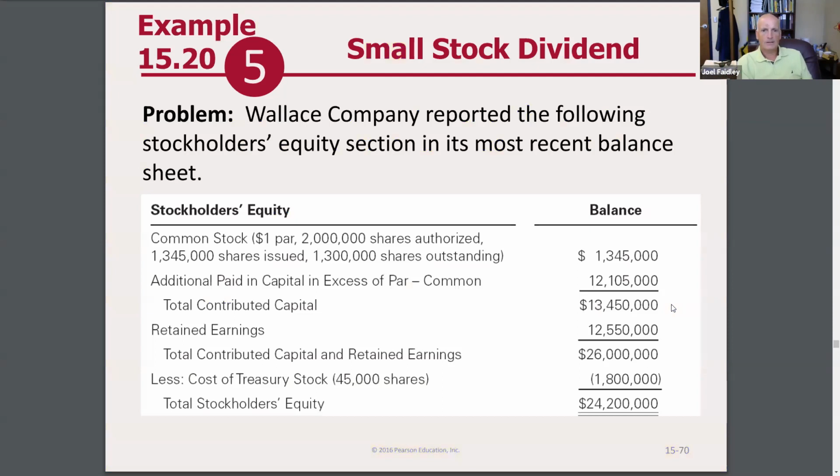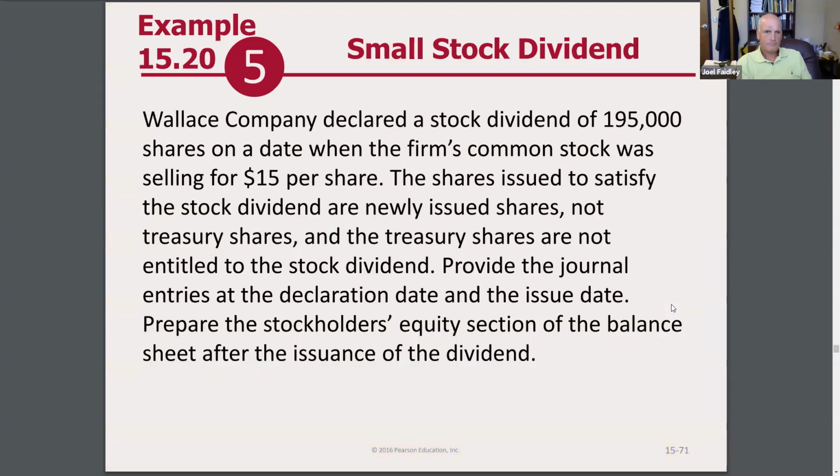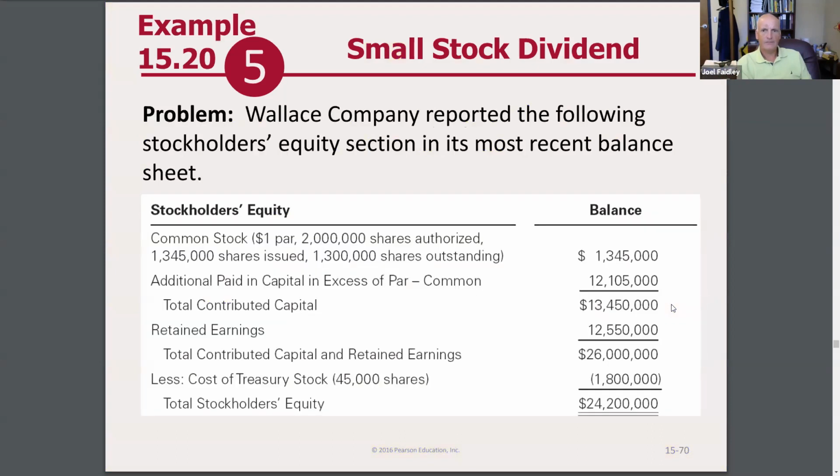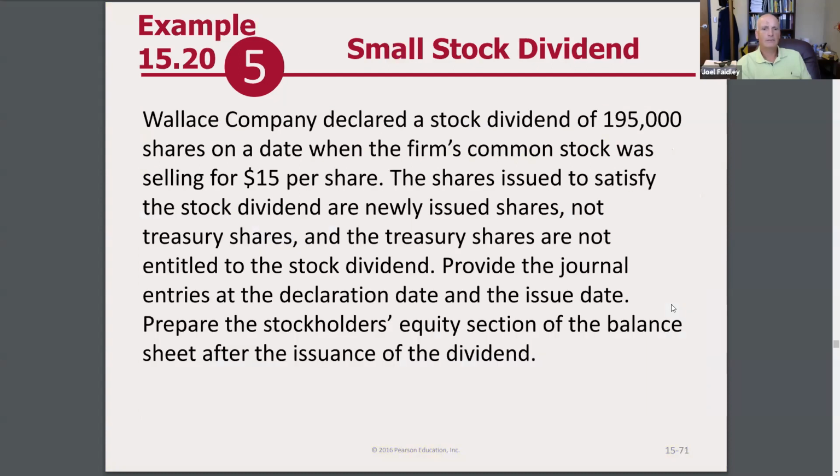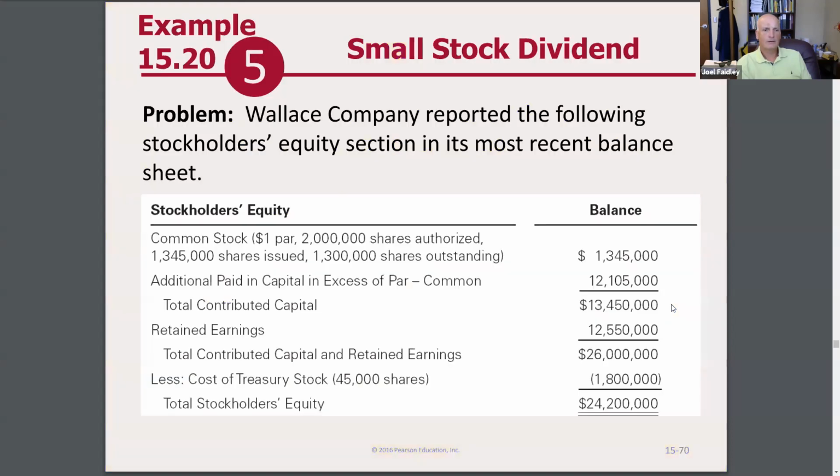All right, so in this particular case, they declared a stock dividend of 195,000 shares. Whatever percentage that is, it looks like it may be a large dividend. I'm not sure. I guess it'll tell us here, so I don't have to calculate it.